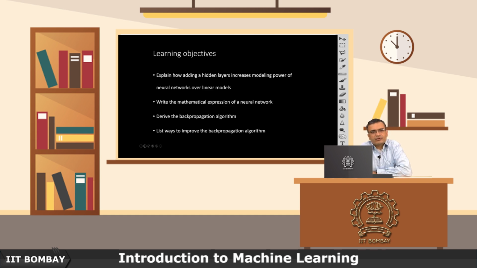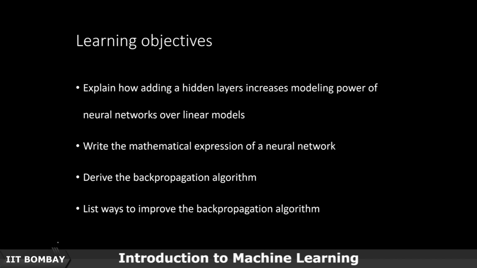The learning objectives for this module are as follows. We will explain how adding hidden layers increases the modeling ability of neural networks compared to linear models, including linear regression and linear classification. We will write the mathematical expression of the sort of functions that neural networks model, and then we will derive the method to train neural networks, which is called the backpropagation algorithm, which is used quite widely even in deep learning.